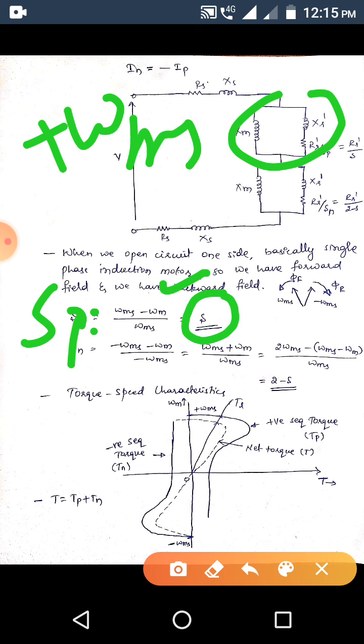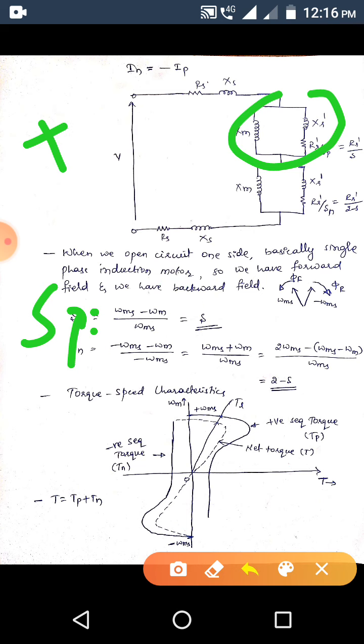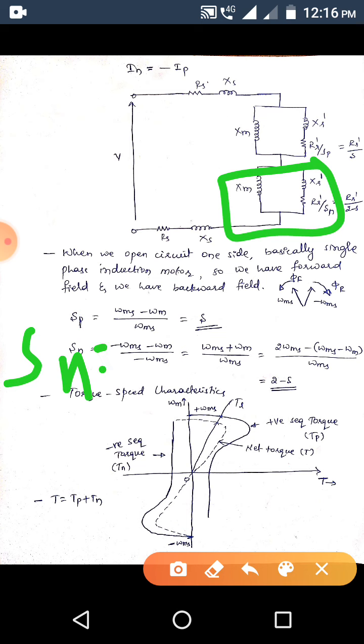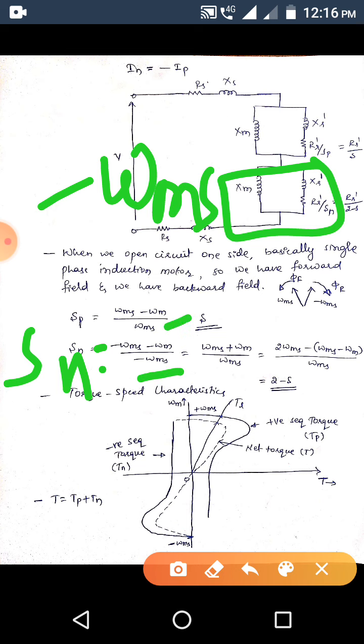So positive sequence slip is equal to the normal slip of the induction motor, so Sp is equal to s. Now let us write the slip for the negative sequence component. Negative slip Sn, we have the negative synchronous speed here, so it will become (minus omega ms minus omega m) divided by minus omega ms. If you simplify this, you will get (omega ms plus omega m) divided by omega ms.